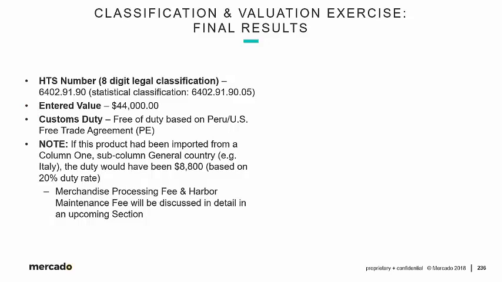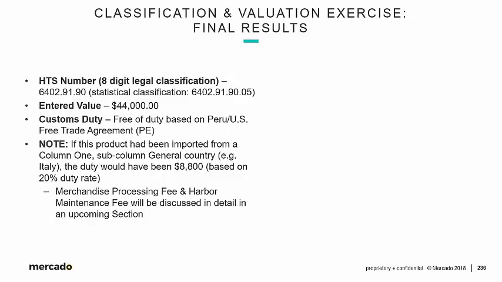And as a note, if this product had been imported from a column 1, subcolumn general country, say for example Italy, the duty rate would have been $8,800 based on that 20% duty rate that we saw in the column 1 general subcolumn. It should be pretty clear, or we can at least hope, that this importer knew that Peru had a free trade agreement and that this product qualified for it. That's a strategic sourcing decision.